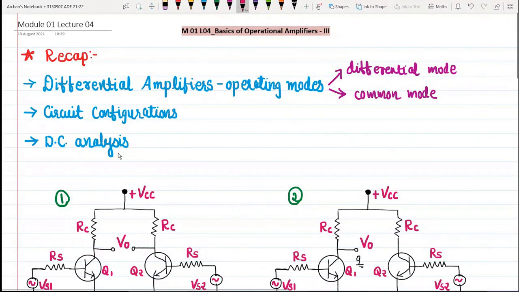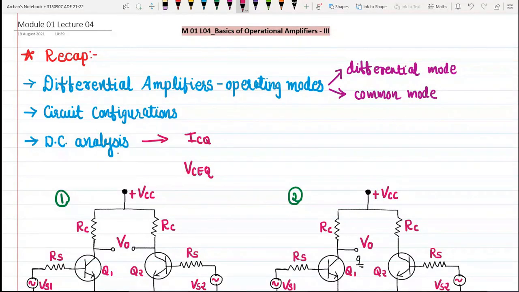The value of current, that is ICQ, and the value of operating voltage, that is VCEQ. So we have done some mathematical operations on this circuit diagram. We have drawn the DC equivalent circuit. Now whenever I talk about the DC equivalent circuit, what does it mean? We will zero the AC signal sources, right? And only DC supplies will be considered.